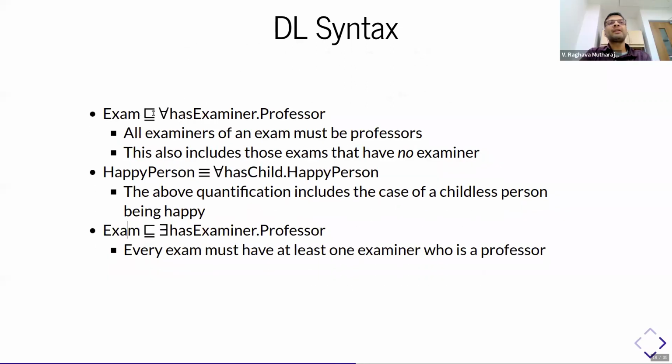And then there is the implication for the subclass symbol, and then you state hasExaminer of x comma y, and on top of that you should add that y is from Professor, or y should be associated with Professor. Okay, so is it like for all x, then we open a bracket, Exam x arrow, for all hasExaminer x y, and for all x and for all y, both are.